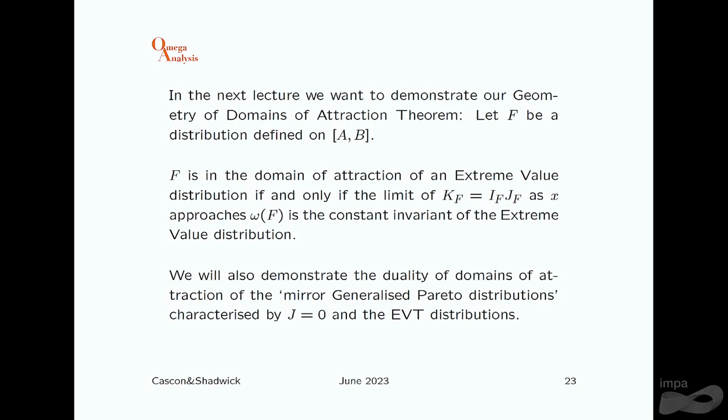You can't be approaching that distribution if your invariant is not approaching the invariant of the distribution. And then we want to show the converse, that if the two invariants are approaching, the distributions are approaching as well. And that's really because these are ordinary differential equations that characterize the invariant and the constant case.